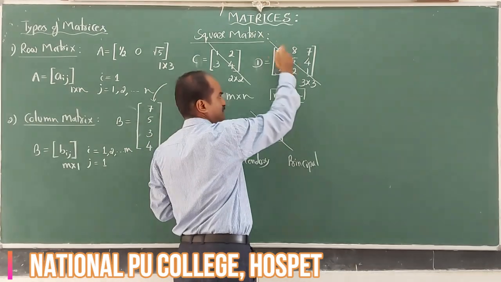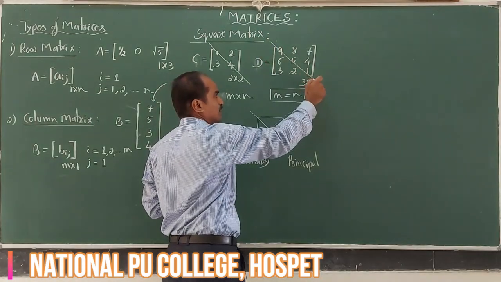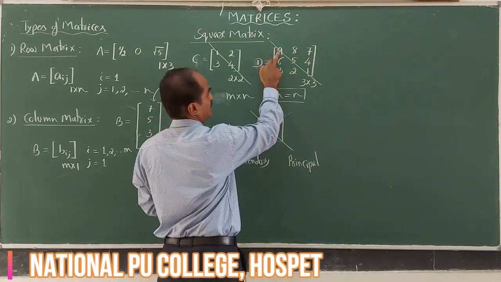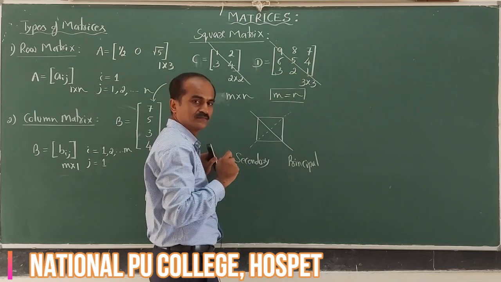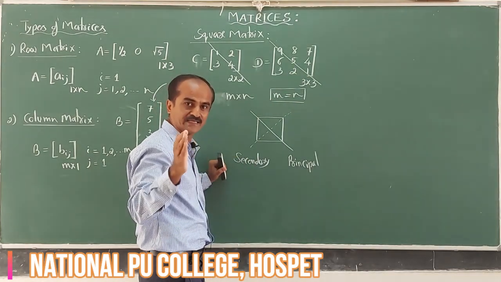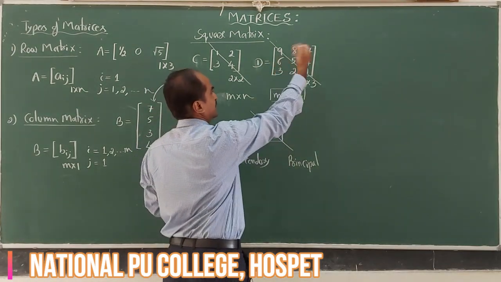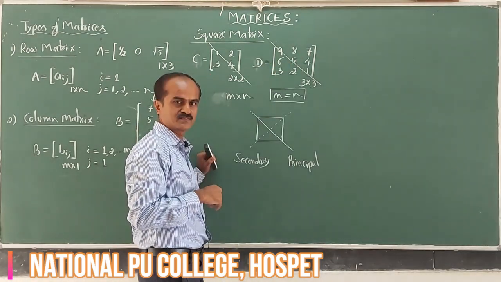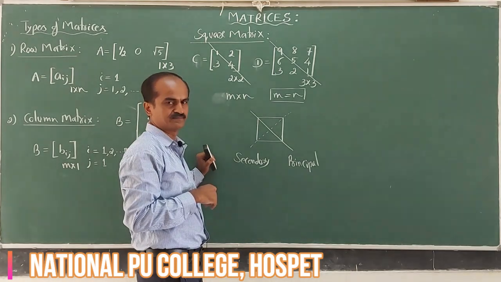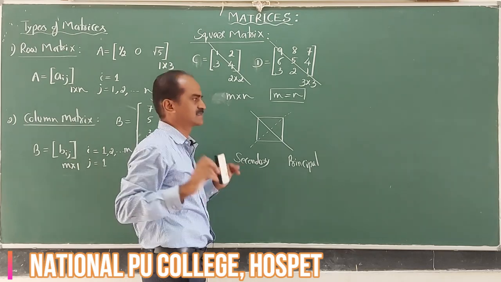Now draw the principal diagonal. Observe the elements lying along this principal diagonal, namely 9, 5, 1. So 9, 5, 1 are treated as diagonal elements of the matrix D. Obviously, the rest of the elements are called non-diagonal elements. Be clear with this, diagonal and non-diagonal elements.